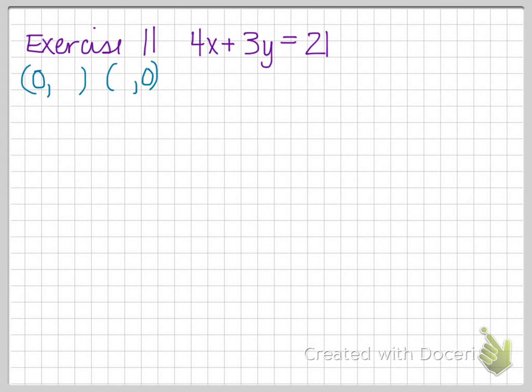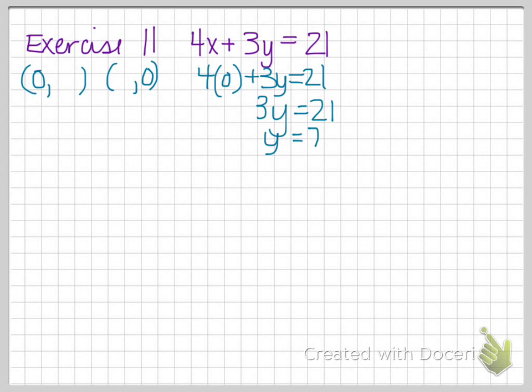Okay, so first we'll put in 0 for x, so 4 times 0 plus 3y is 21, and so this is 3y equals 21, and y equals 7. So when x is 0, y is 7, and when y is 0, notice the 3 times 0 is going to drop out, so this becomes 4x equals 21, and x is equal to 21 fourths.